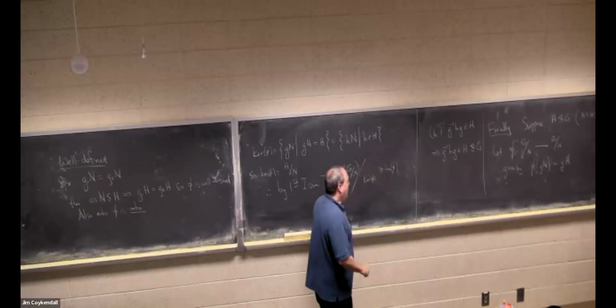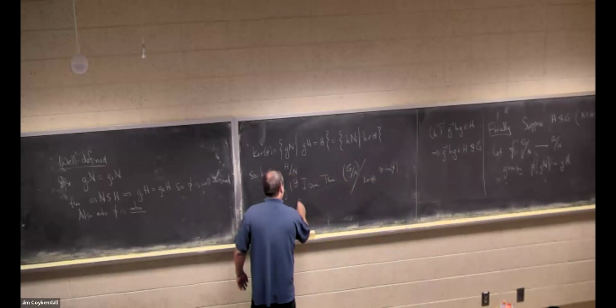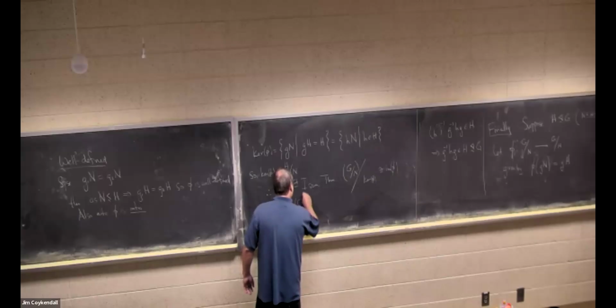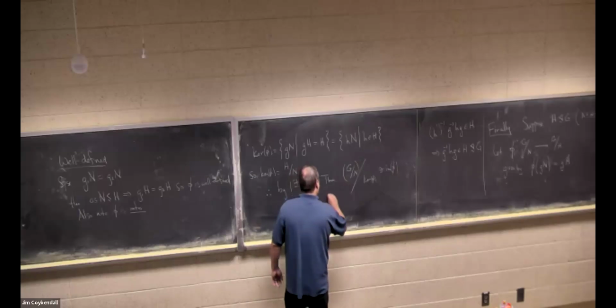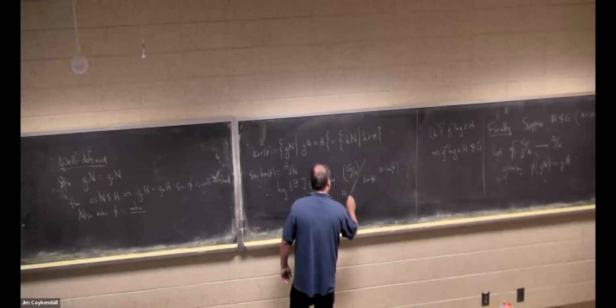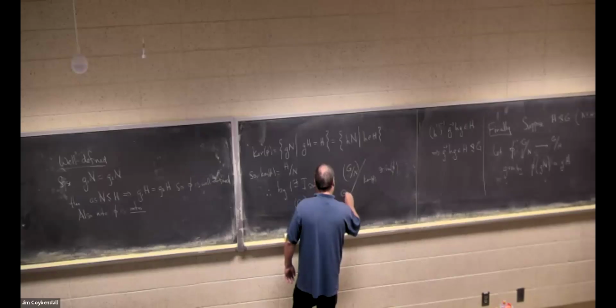And this is similar to the way we finished it last time. G mod N mod the kernel of phi, which is H mod N, is isomorphic to the image of phi, which is G mod H.